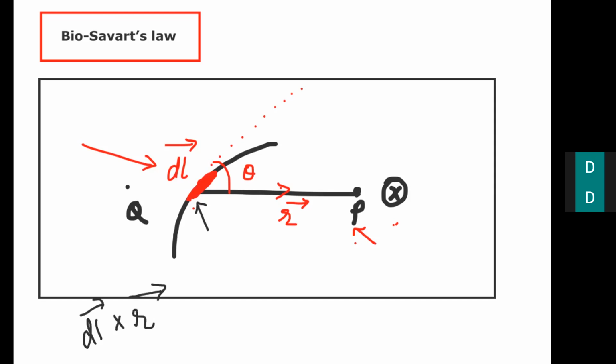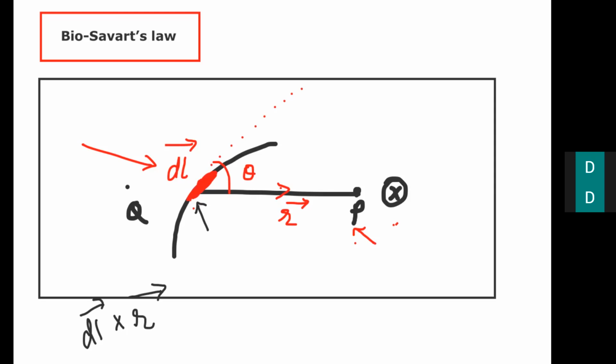The fingers will curl towards the r vector, and dl will be along the palm. This way the magnetic field is perpendicular to the plane, so either it is going in or coming out of the plane. I hope you are able to imagine this.